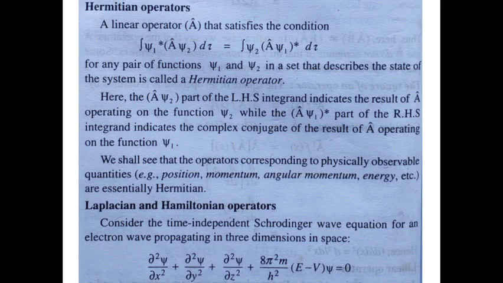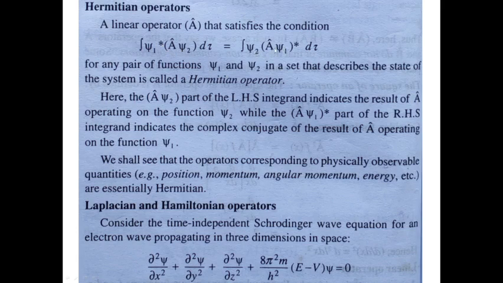Here you just understand that psi 1 and psi 2 are two different wave functions, and one wave function can be the complex conjugate of the other. Psi 1 star indicates the complex conjugate. So psi 1 star, the complex conjugate, is there, and we get another wave function here, psi 2. And here psi 2 is there, and its complex conjugate is psi 1 star.